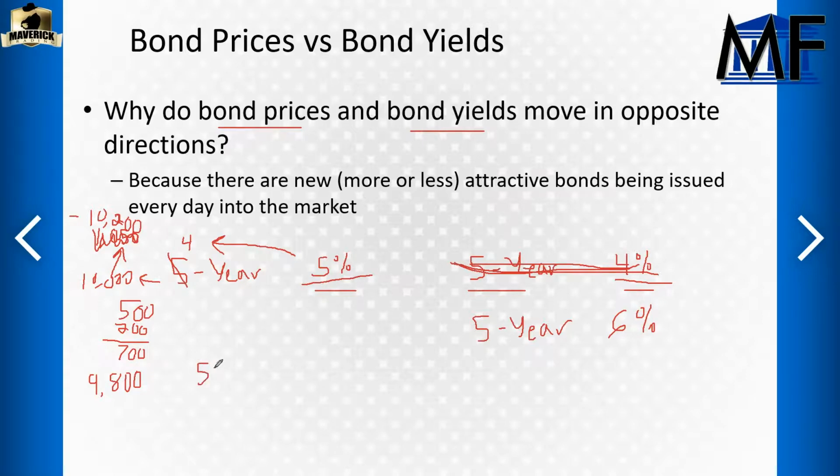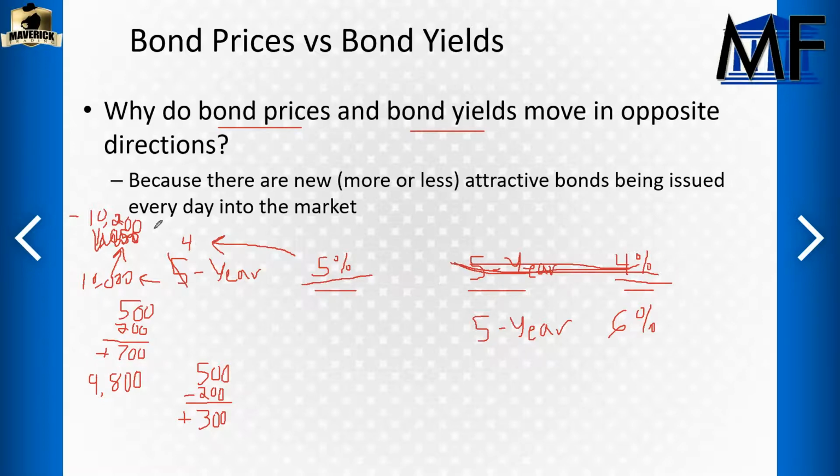So yeah, over that year I made $500 in interest, but I lost, if I sell this, I lost $200 in the bond value. So I only made 3% for the year. I only made $300.